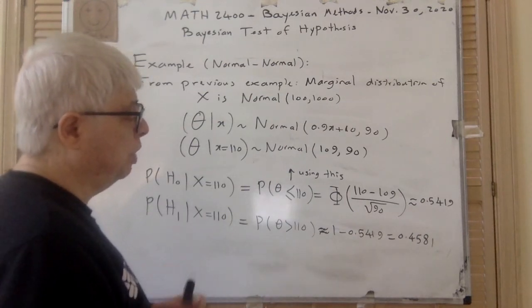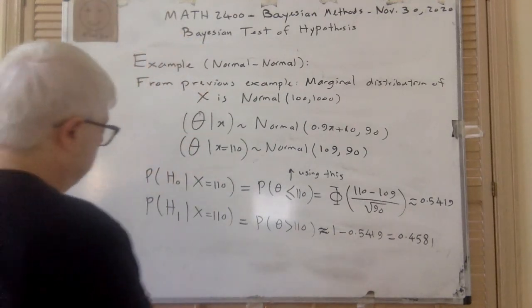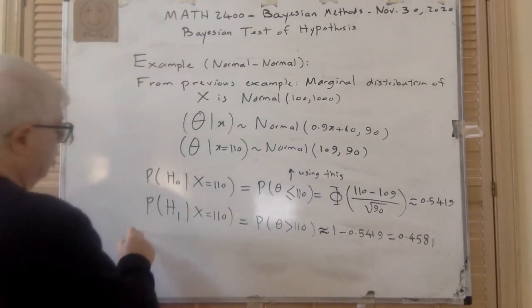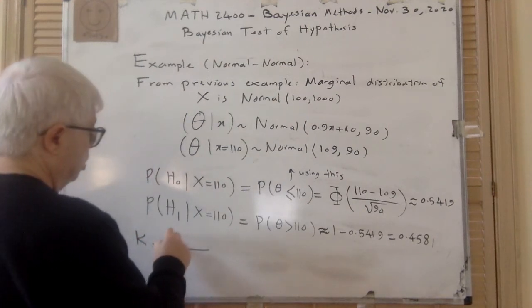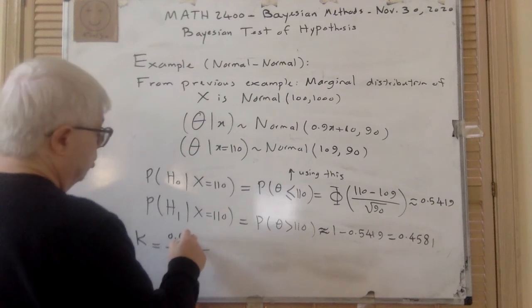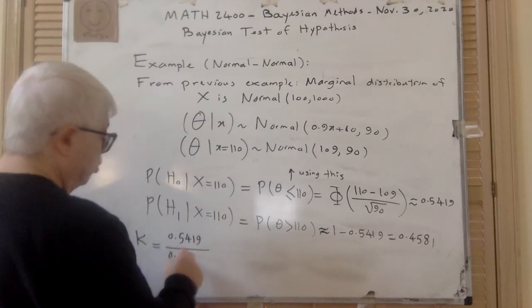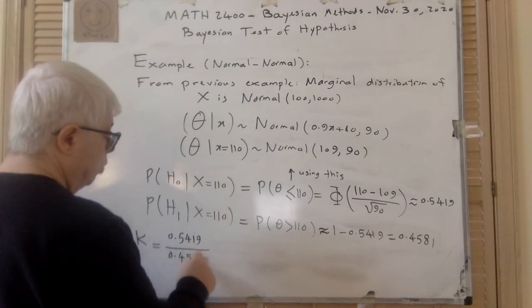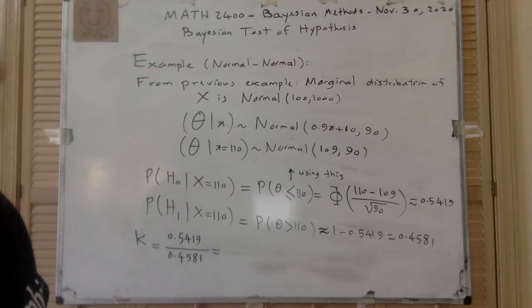But you can also find that ratio, remember, the Bayes factor k. So k is 0.5419 divided by 0.4581, which I calculated to be about 1.18.